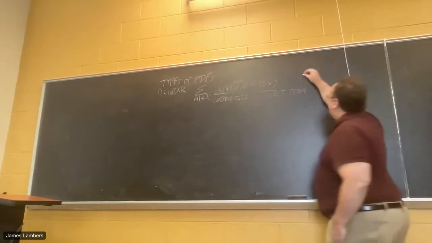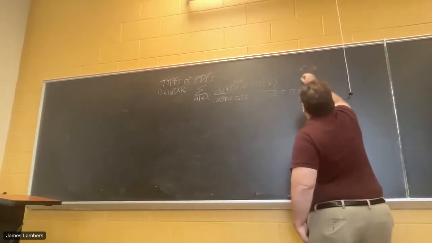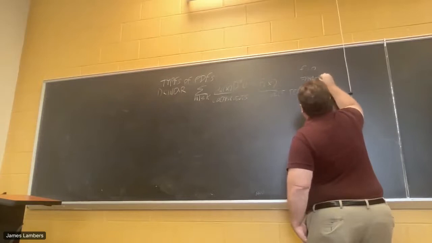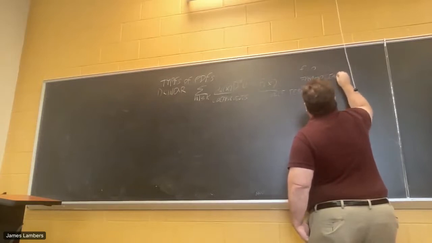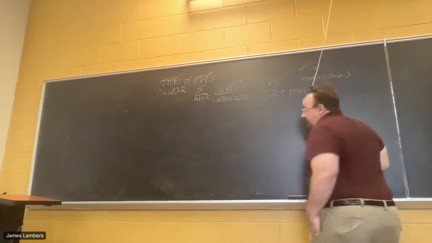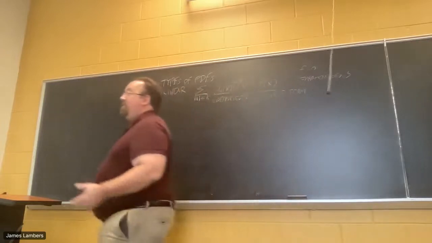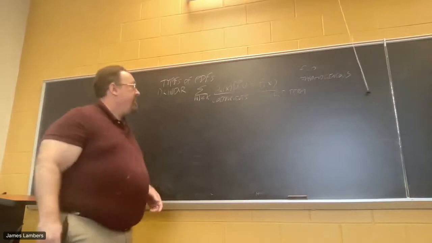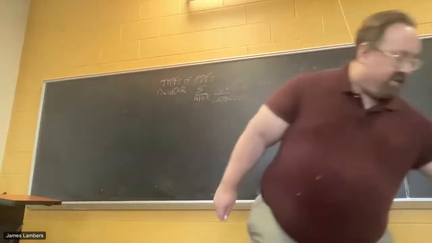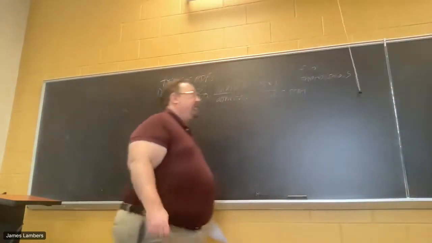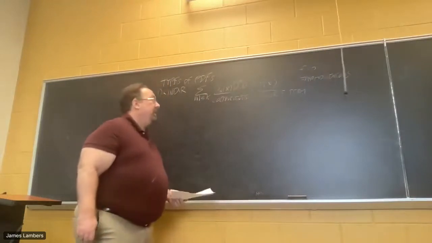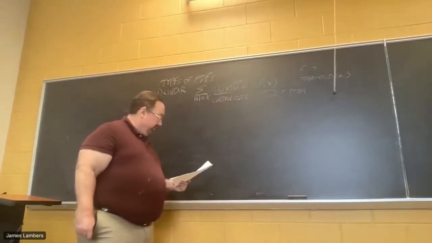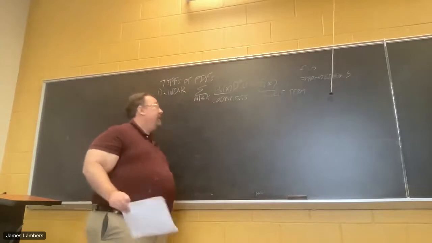And if f equals 0, then the PDE is said to be homogeneous, because in that case, u equals 0 would be a trivial solution, assuming that whatever initial and boundary conditions you have are also homogeneous. Okay.